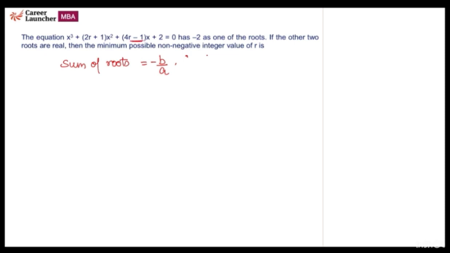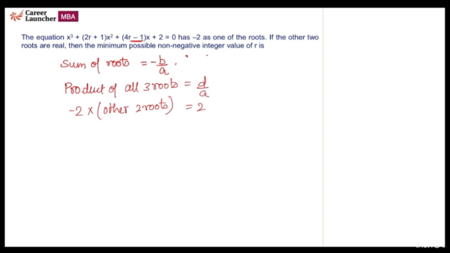Now the product of all three roots will be equal to minus d by a. Here we will not get any variable because it will be equal to 2. We have -2 as one of the roots, so -2 times the other two roots is equal to -2.